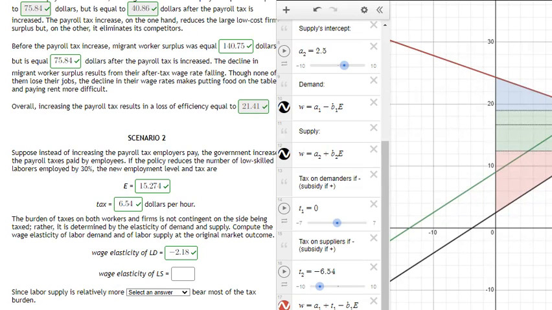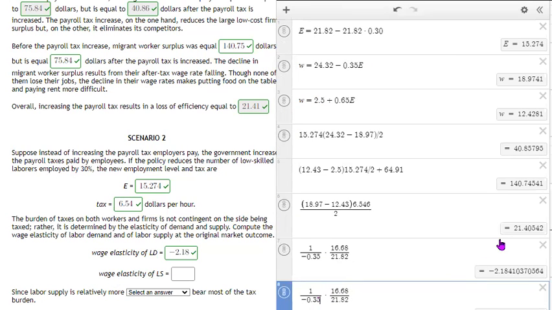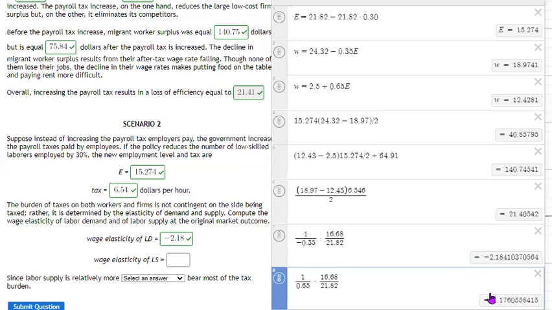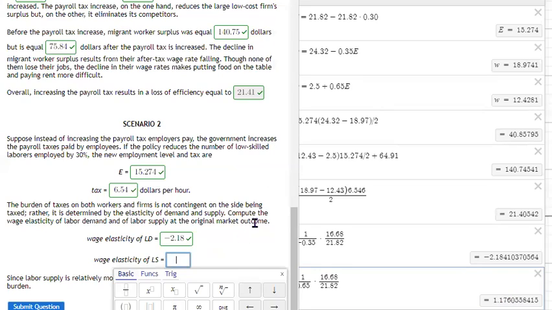So I can use this wage employment level ratio. I can reuse that, right? Recycle it. So all I have to do is change this down here to the slope of the supply curve, which is 0.65. And so the wage elasticity of labor supply is 1.18.